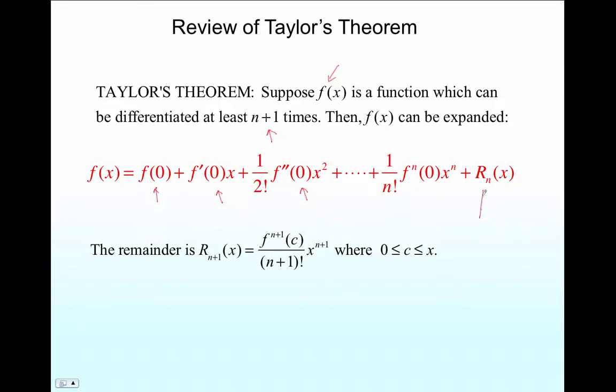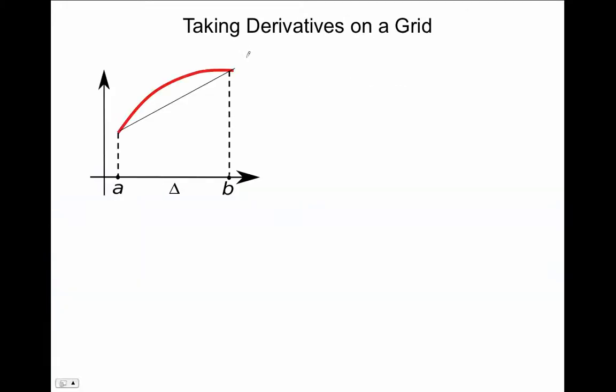And here is the remainder or the error that you make by stopping at any fixed value of n. Anyway, we're not concerned with what r is. All we need to know is that you expand as f of 0 plus the first derivative evaluated at 0 times x, and then the second derivative at 0 times x squared, and so forth.